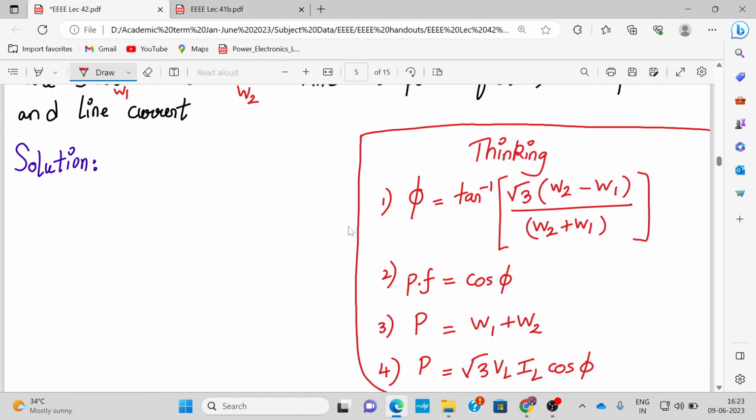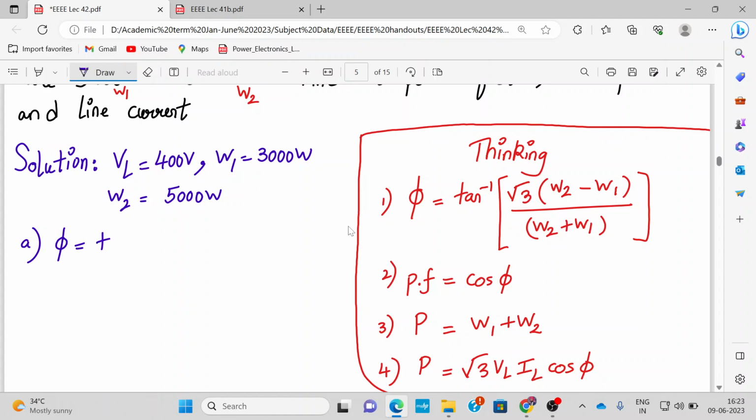So let's do it very quickly. The given data is VL is 400 volts, W1 is 3000 watts, W2 is 5000 watts. So let's first calculate phi.